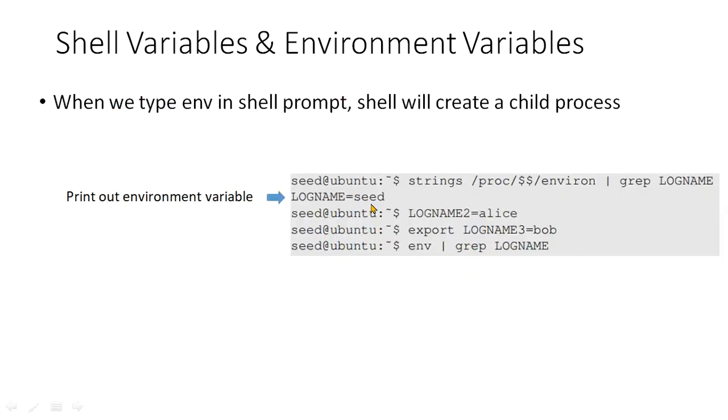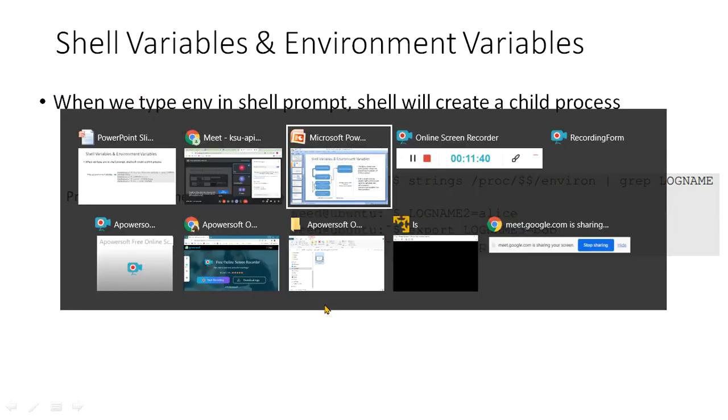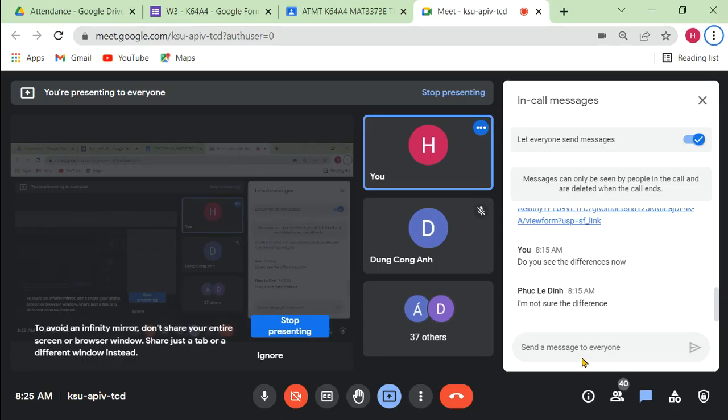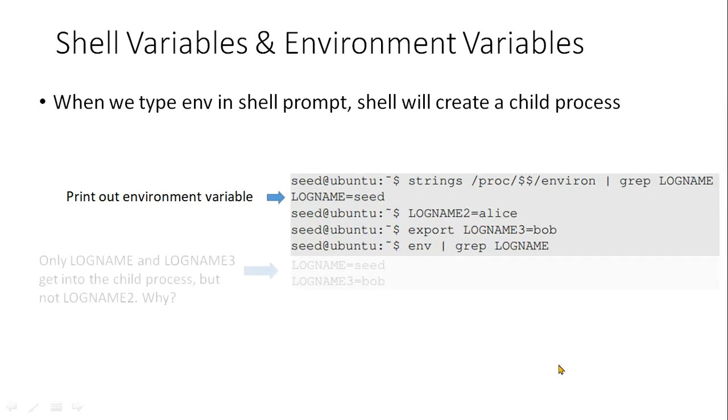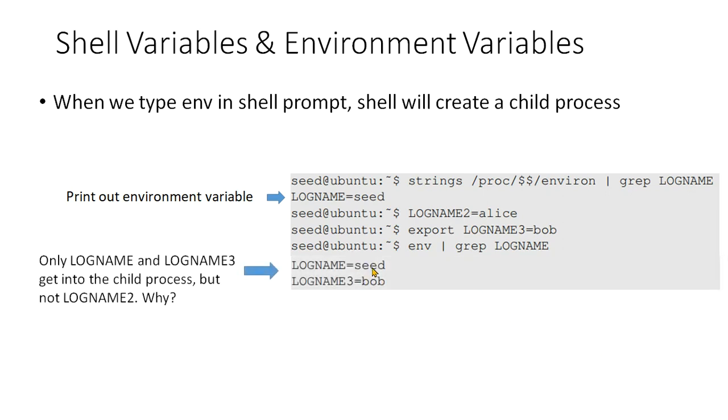So what do we see here among log name 2, log name 3? Which one do we see here? Does anybody know? We see Sid and Bob. Yeah, excellent. Sid and Bob. Now let's see, when we see Sid and Bob, what's the reason? Because this is an environment variable of the parent process.